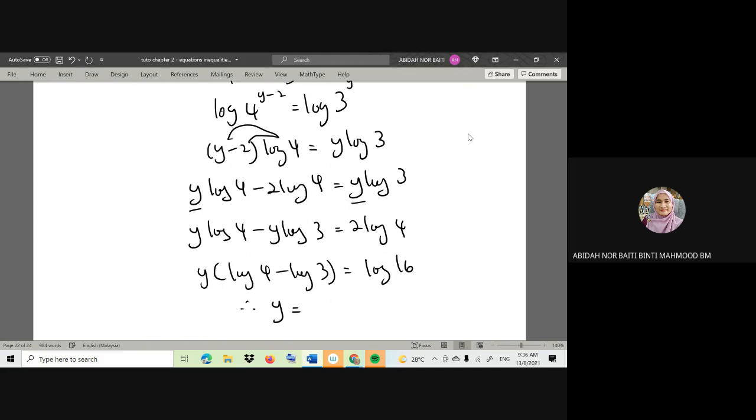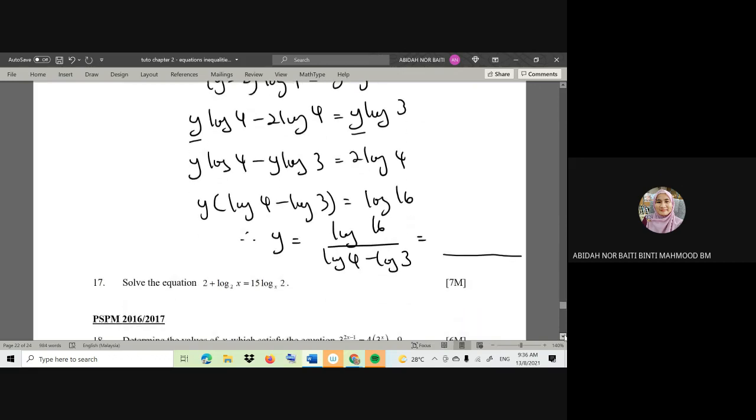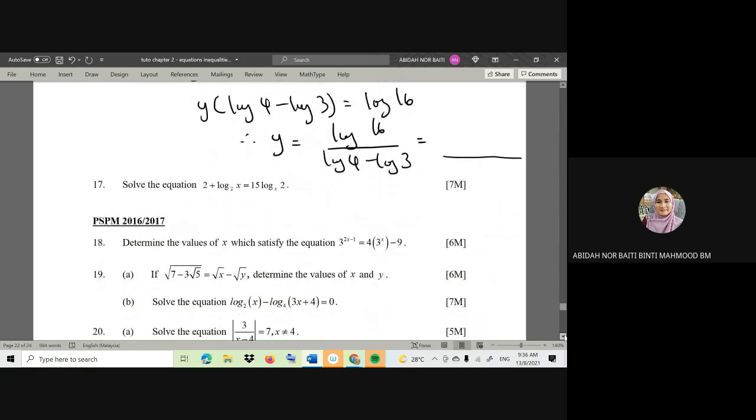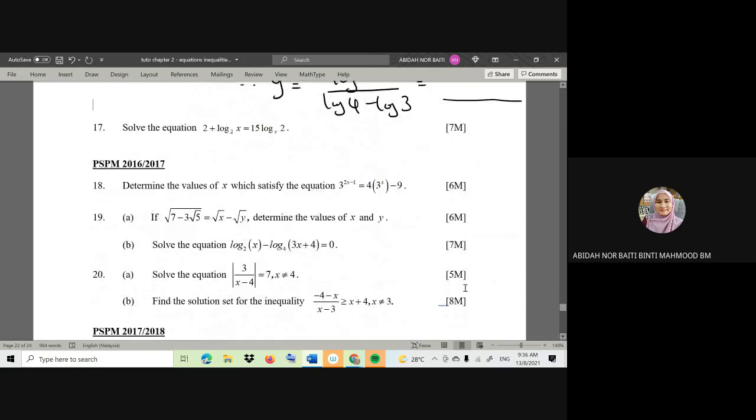Therefore, your y is log 16 over log 4 minus log 3. Just press the calculator. Number 17, log also, log with different base.